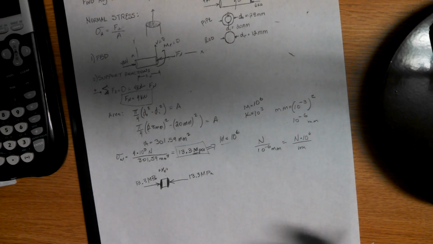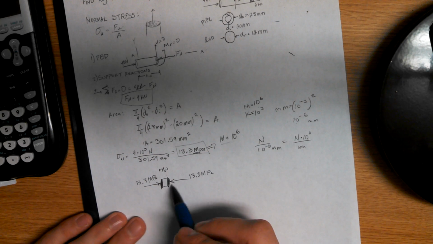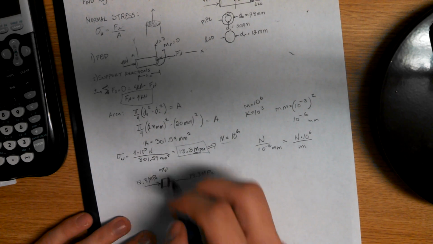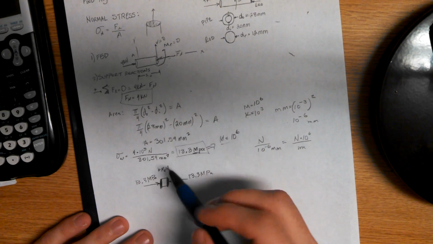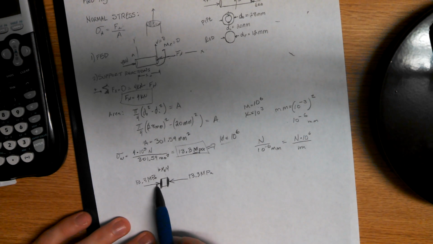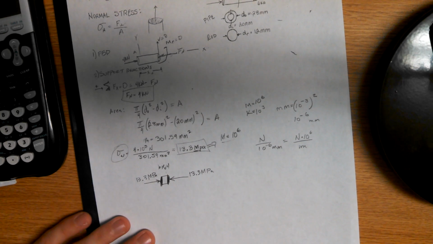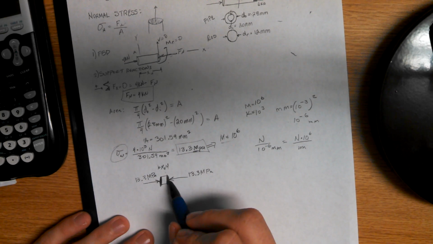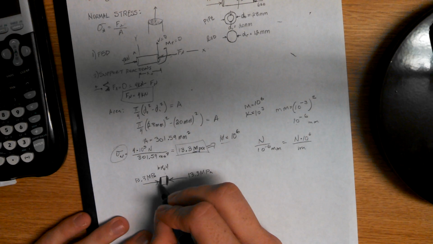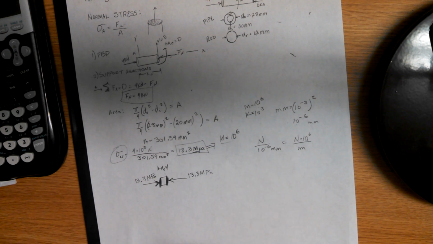Notice that the member is in compression. Once again, I think that's kind of what this problem is trying to get at. Our normal stress is a vector, and it's trying to show you that the stress is compressing the member, and eventually the member will break.